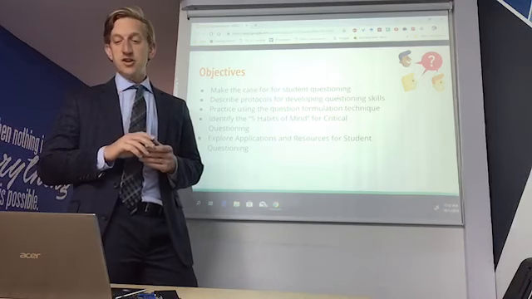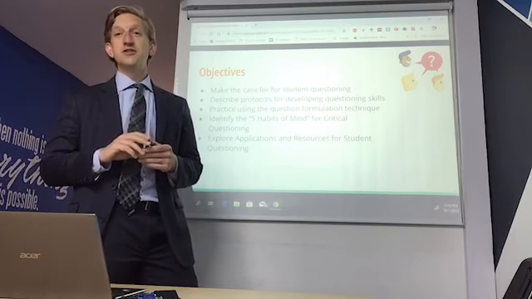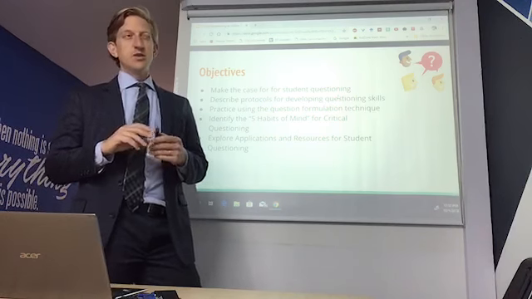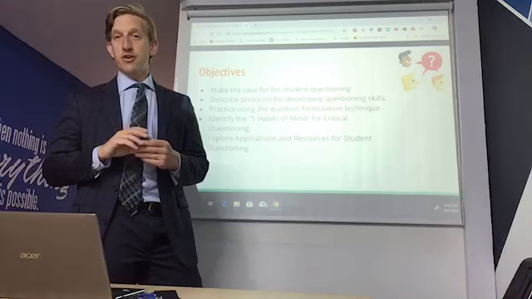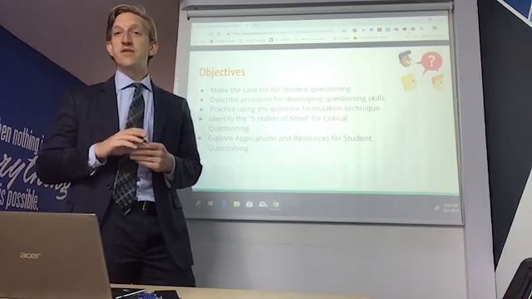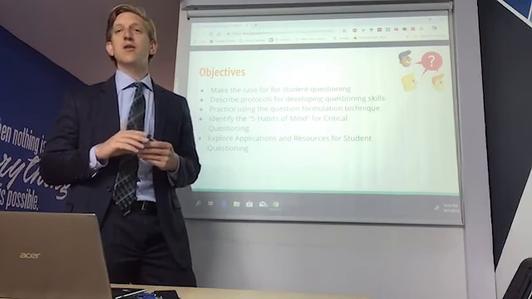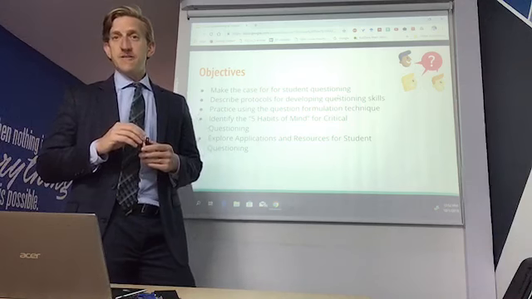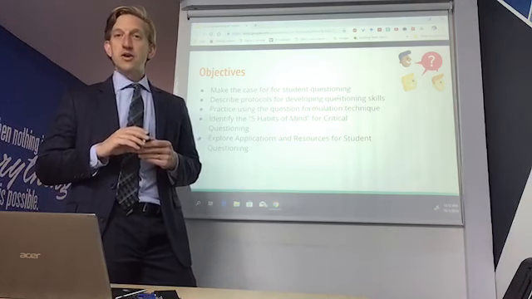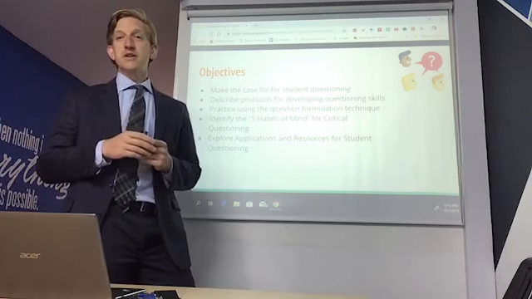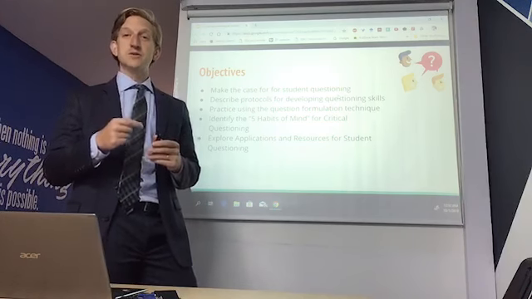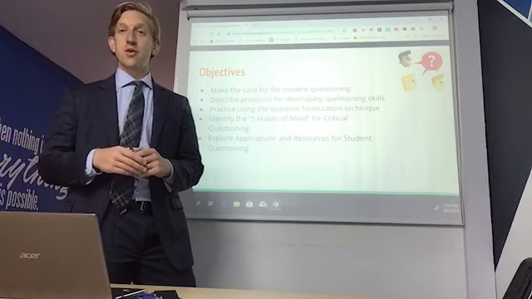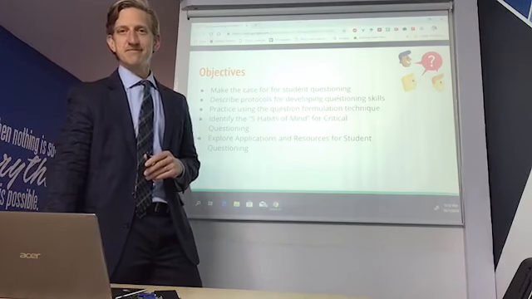We'll be practicing using the question formulation technique, which is a specific protocol developed by Dan Rothstein and Lou Santana of the Right Question Institute. We will be identifying the 5 habits of mind for critical questioning, and we'll be exploring some practical applications and resources for developing student questioning in the classroom.